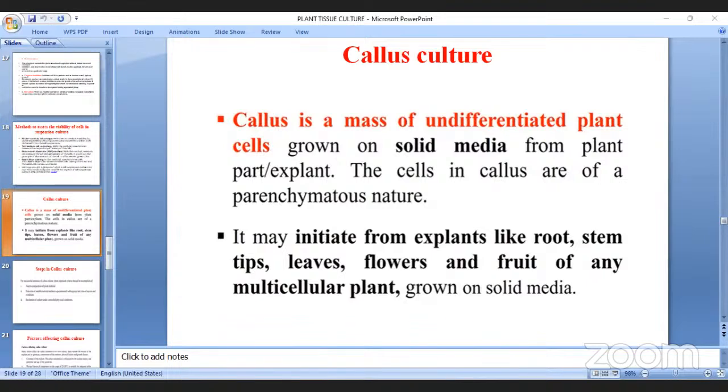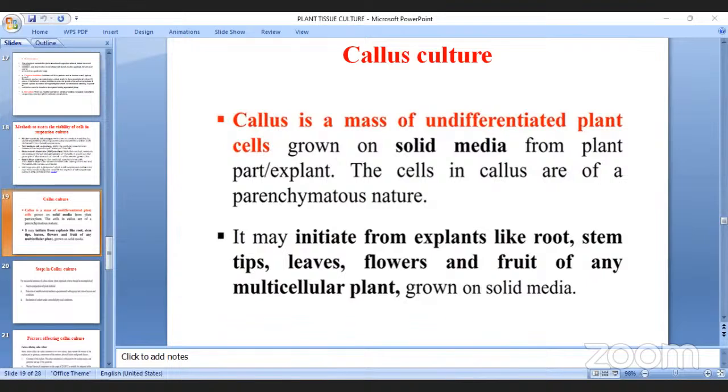Later comes the fusion of protoplast. Anyway, after separating the protoplast, the mechanical method is somewhat complex for separating protoplast. The enzymatic method is the easy method, because when you use the enzyme, the protoplasts are easily separated, right?